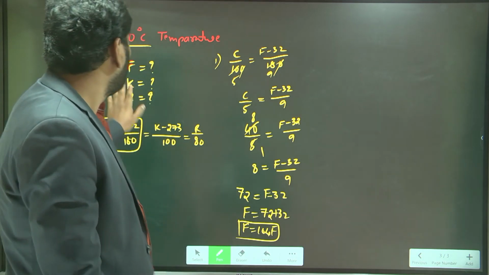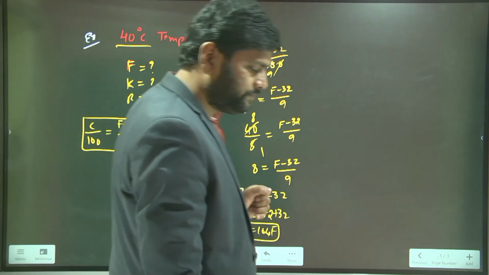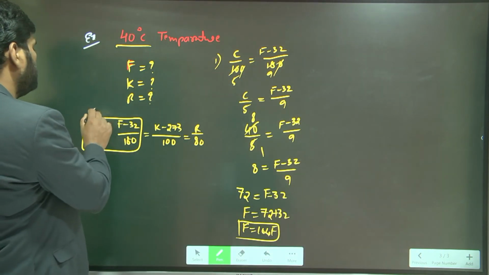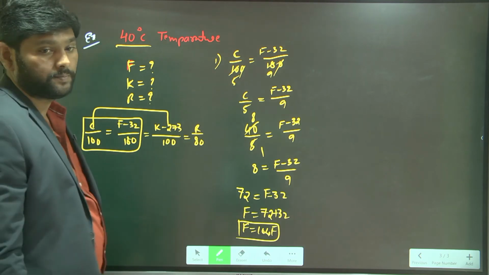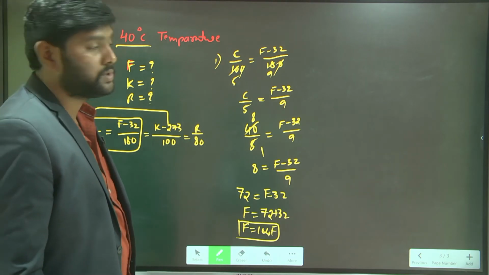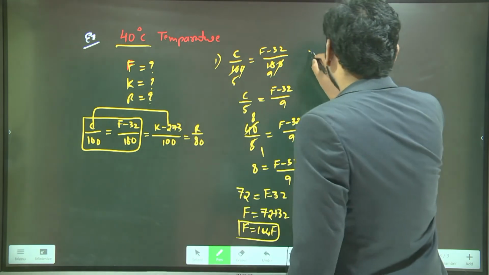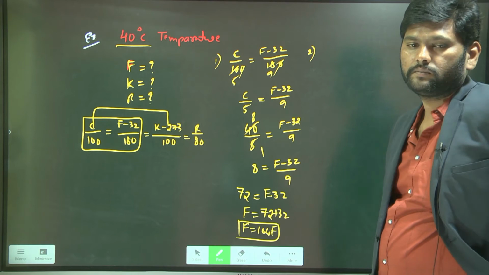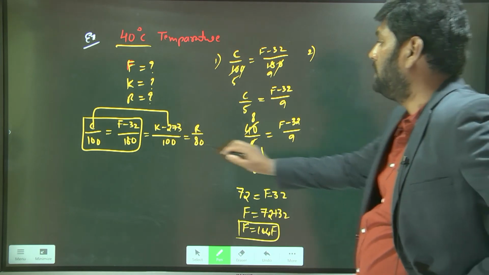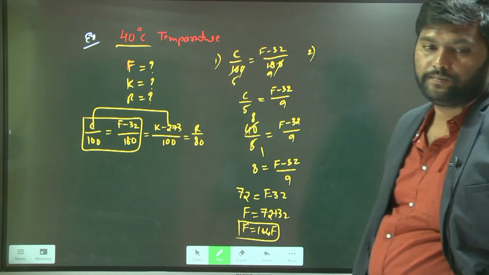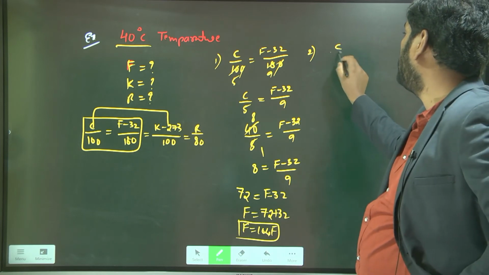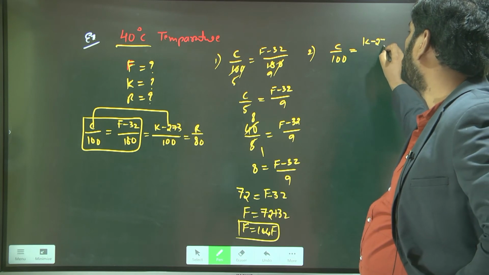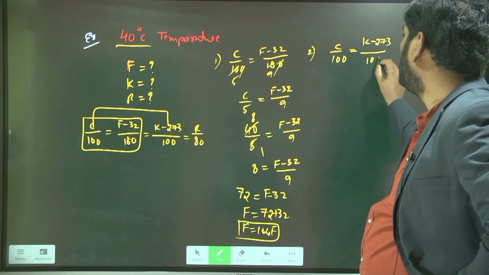Same way, I want it in Kelvin. To get Kelvin, what will we use? These two relations: C by 100 is equal to K minus 273 by 100.